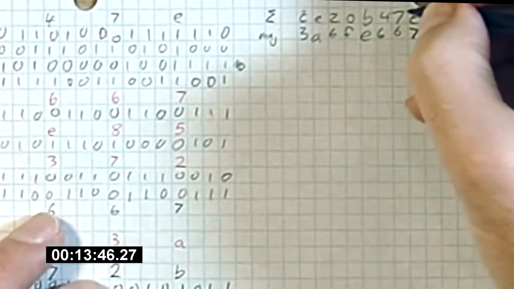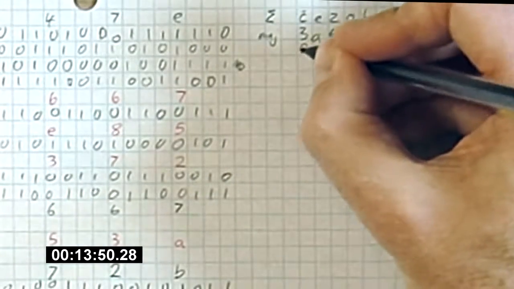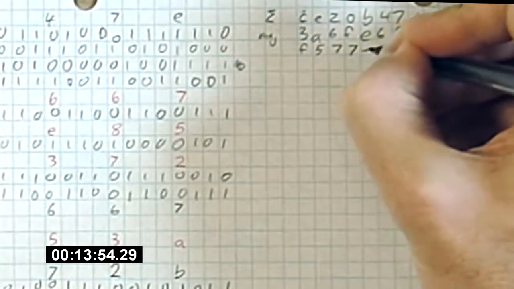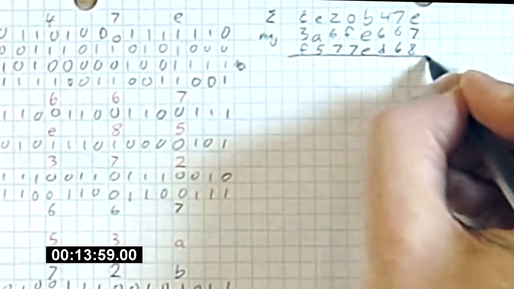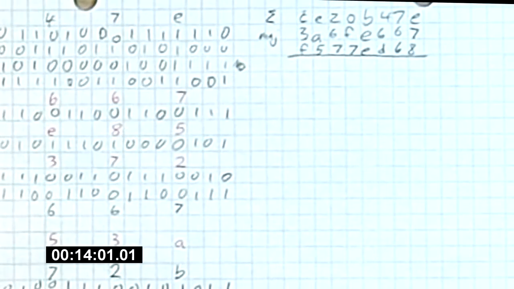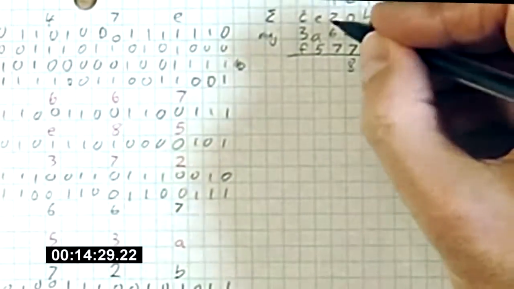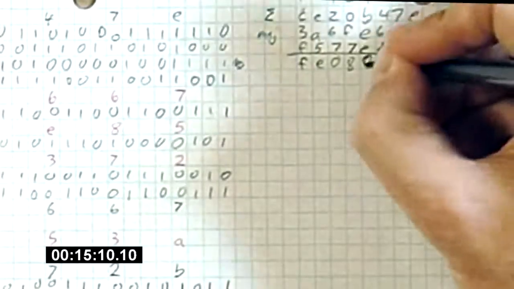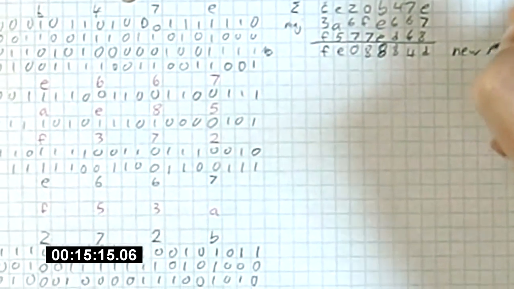And finally we take our previous sum, which is F577ED68. And we just add these up in hexadecimal. So now this is our new A value.